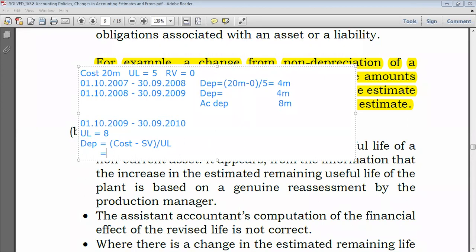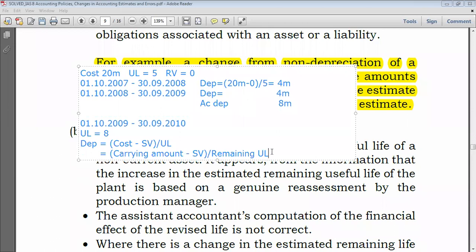So instead of using cost, you would have to use the carrying amount at this date. You take the carrying amount of the asset, then less scrap value as usual. You divide by the remaining useful life, not just useful life. It's the remaining useful life of the asset that has to be used.